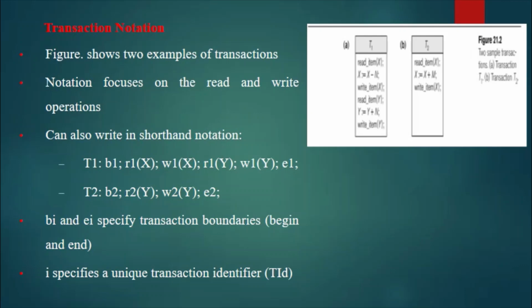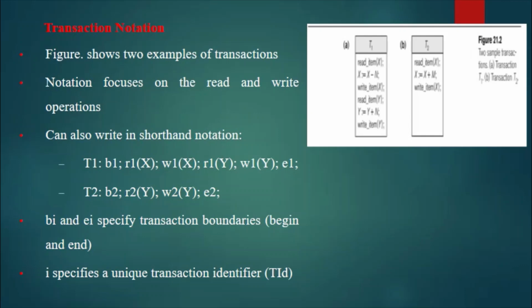Now in this slide, we are discussing the transaction notations, how these read and write operations are represented in a process manner. The figure shows two examples of transactions, T1 and T2.